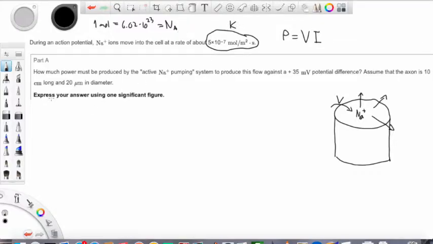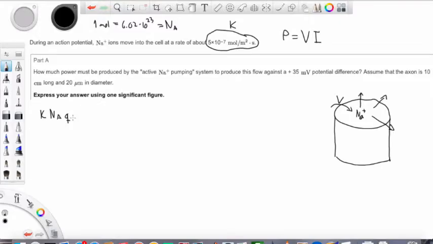So if we multiply K by NA, we get how many sodium ions we are pushing per meter squared per second. So that's how many ions we have. If we multiply that number of atoms by the charge of 1 sodium ion, we know how much charge we are pushing through per meter squared per unit time.